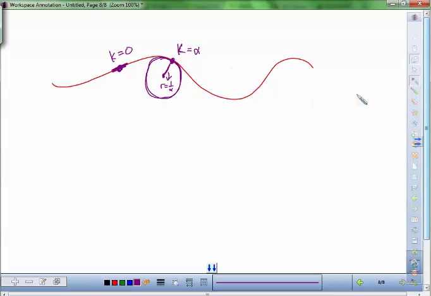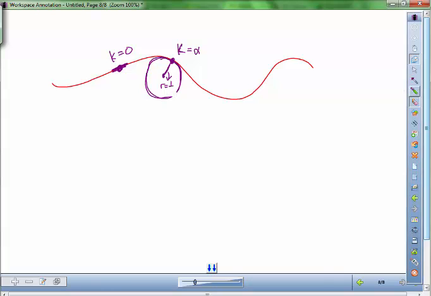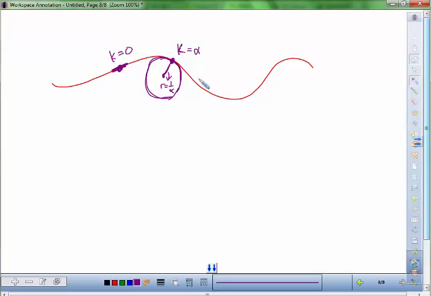That has radius 1 over alpha. So we can call it a tangent circle. I was going to use a word, but I don't know if it's the right word, so maybe I shouldn't use it.